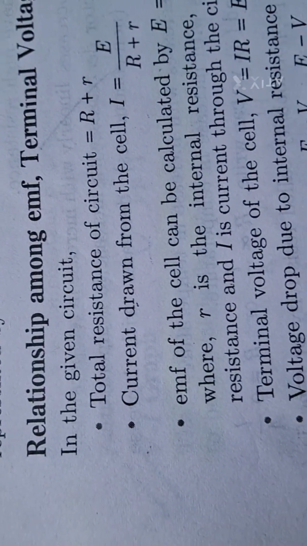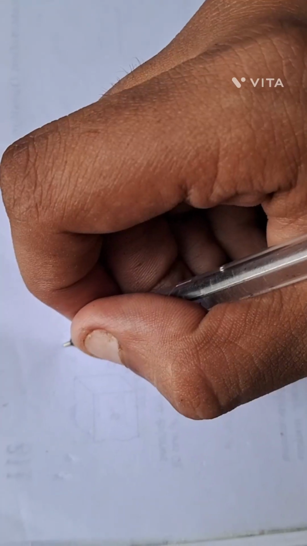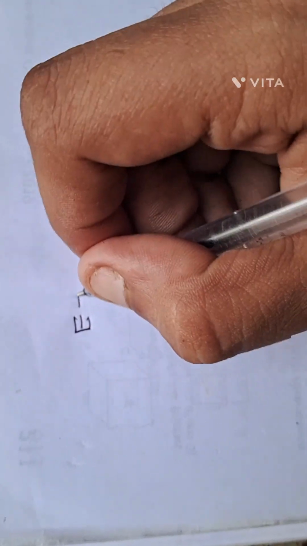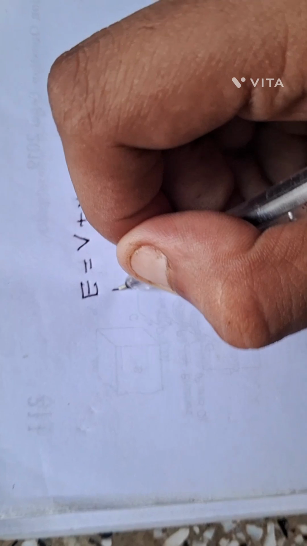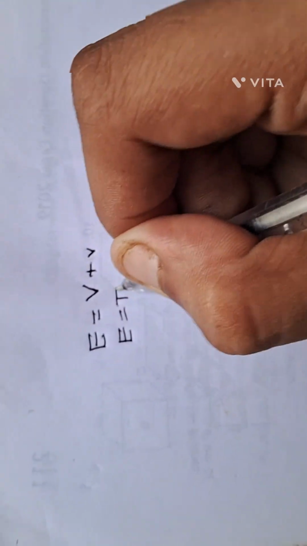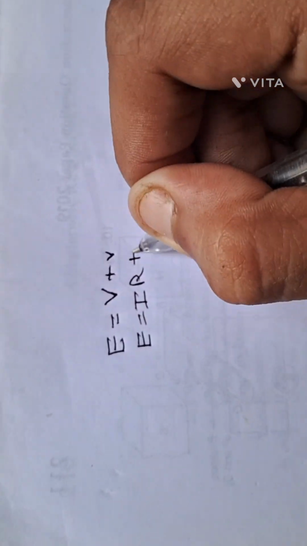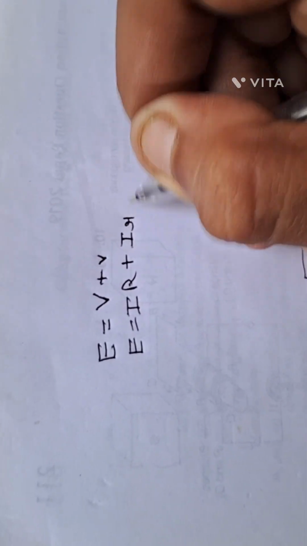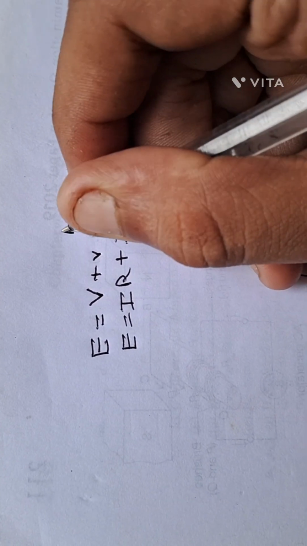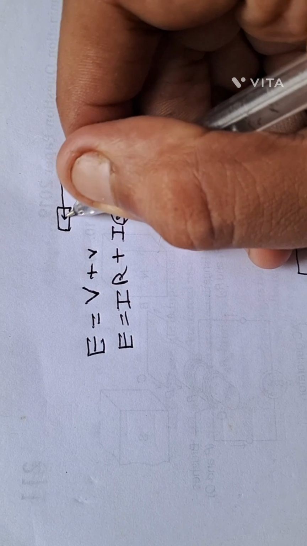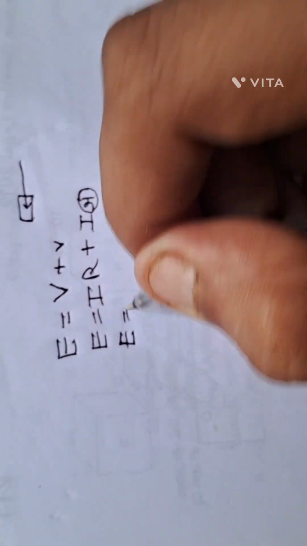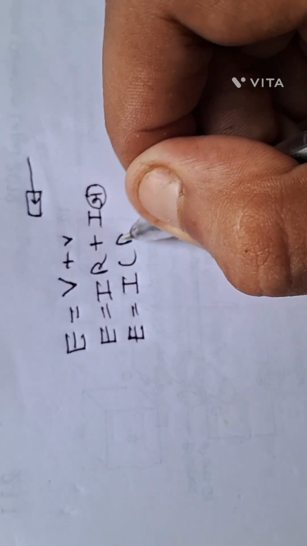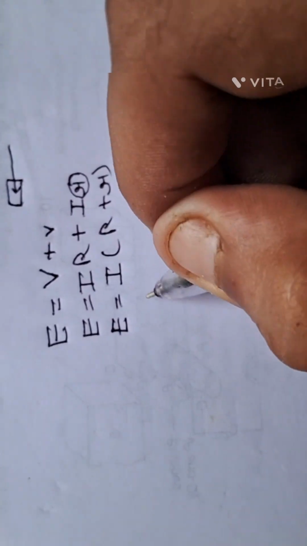Starting with the formula, E is equal to terminal voltage plus voltage drop. So E is equal to I into capital R plus I into small r, which indicates the amount of resistance suffered by the current inside the battery. So let us take I as common because the same current is flowing: E is equal to I times R plus r.